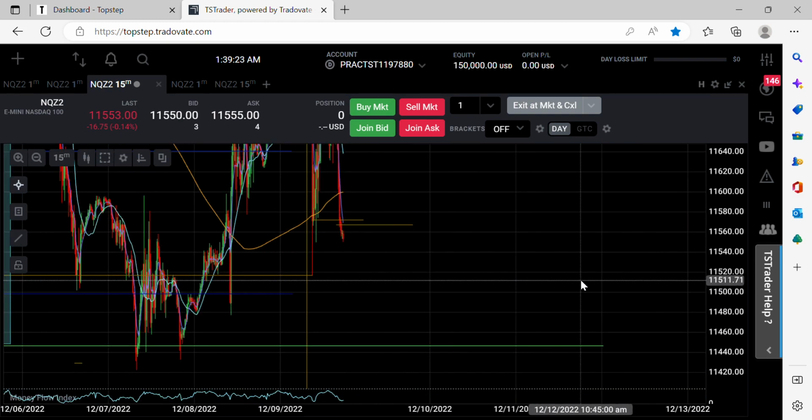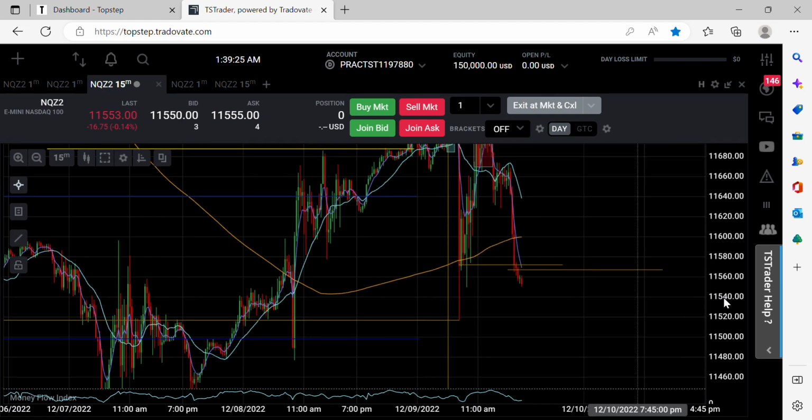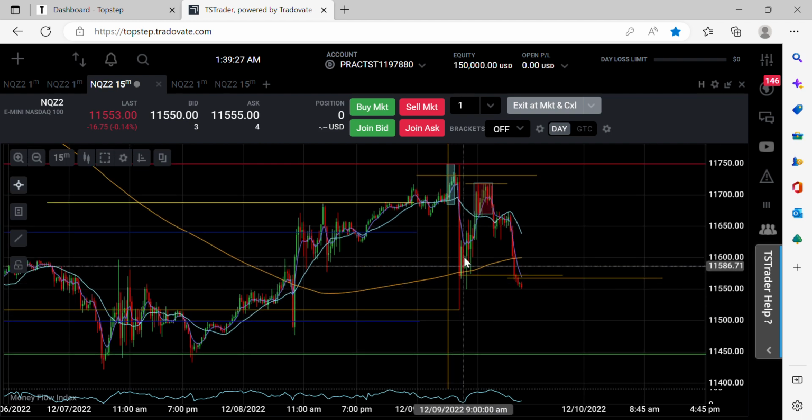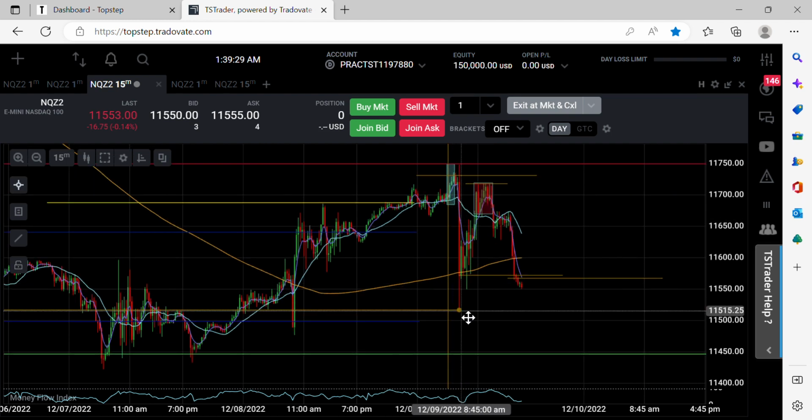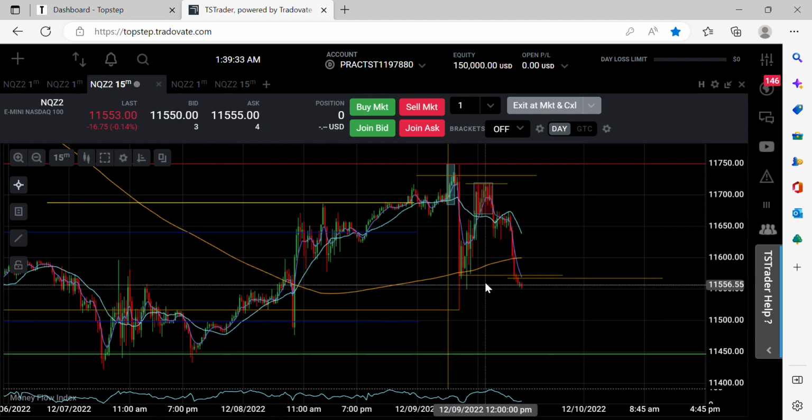So that initial move down is everything. It stops here, right? And then it begins its descension.